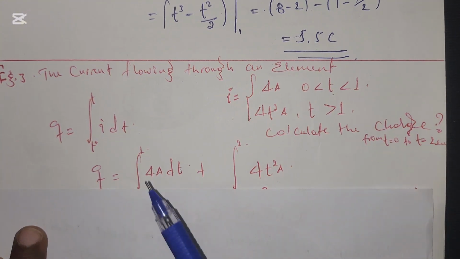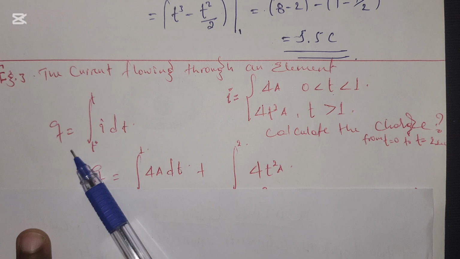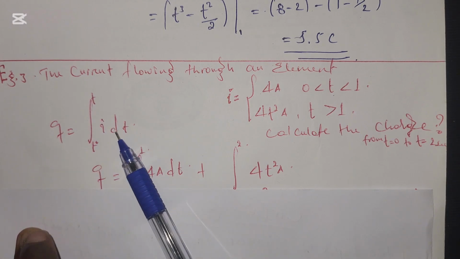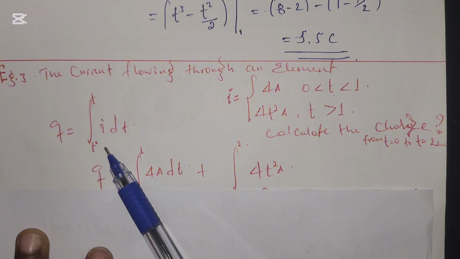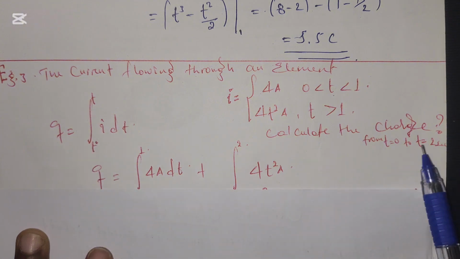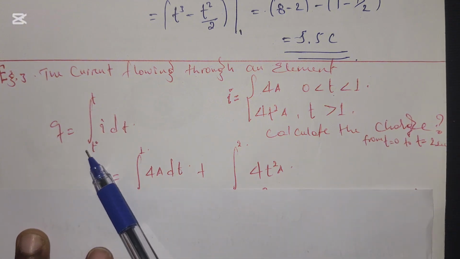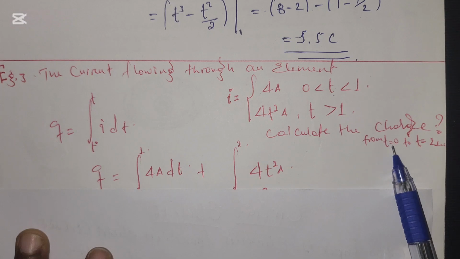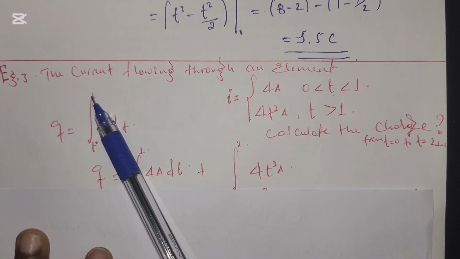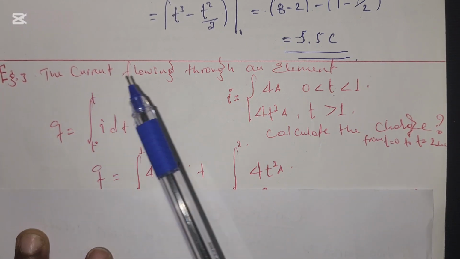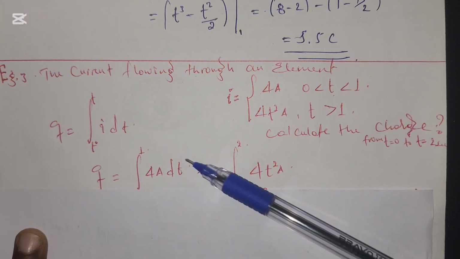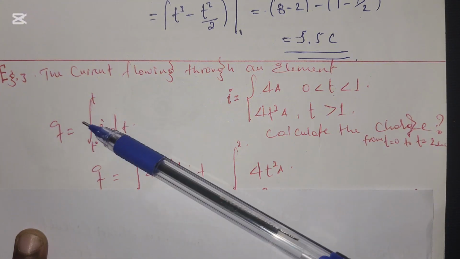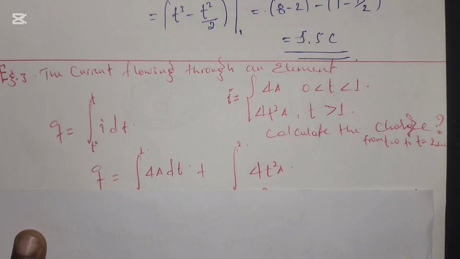As we have seen in the previous example, the charge is the integral of the current in time. The initial t is 0 and the final t is 2 seconds.